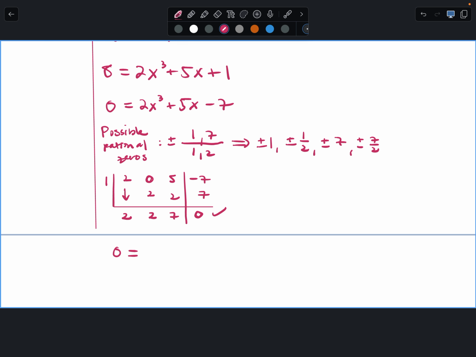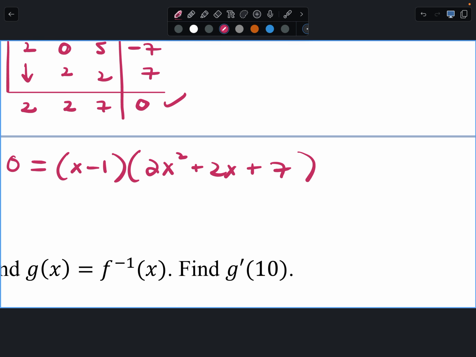We got a remainder of 0, so that means x minus 1 is a factor. 1 is a 0 of the polynomial, times 2x squared plus 2x plus 7. And that's a quadratic. If we thought about trying to factor that, you'd see it doesn't work.